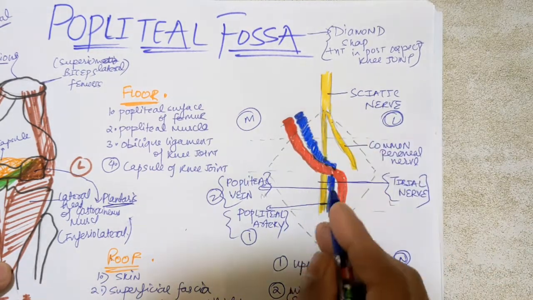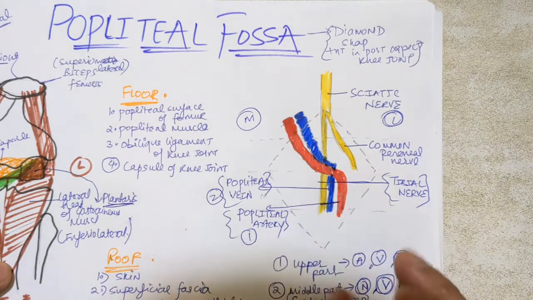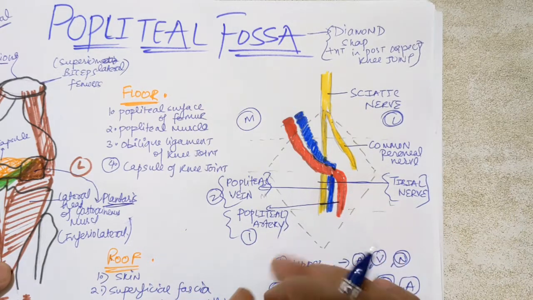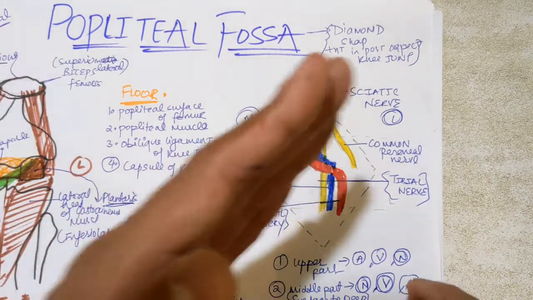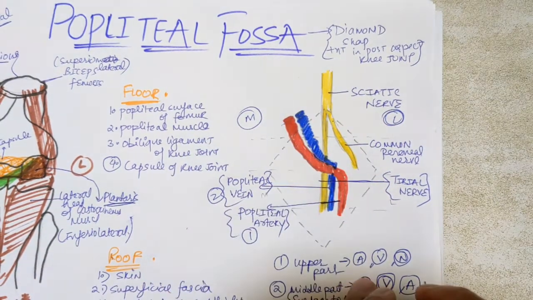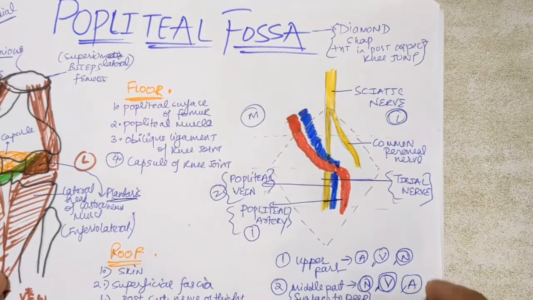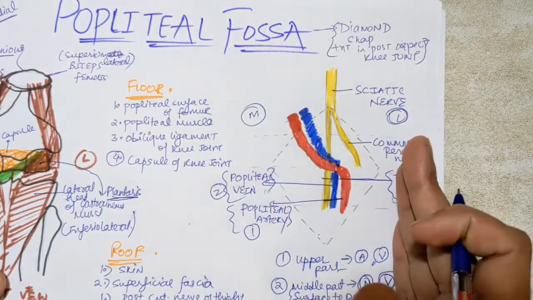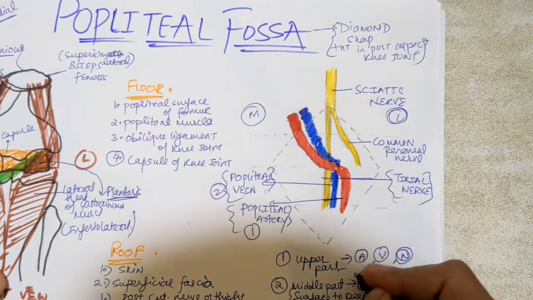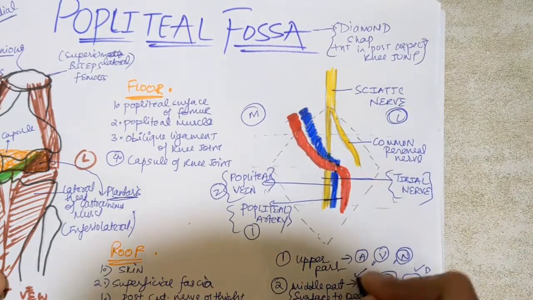So this tibial nerve is present on the surface, that is superficial. Then comes the vein, which is a little bit deep to the nerve, and the deepest is your artery, that is the popliteal artery. So first there is the tibial nerve, then the popliteal vein, then deepest is your popliteal artery. So now this will be on the superficial aspect, and this will be on the deep.